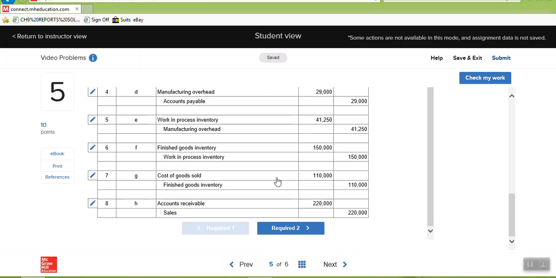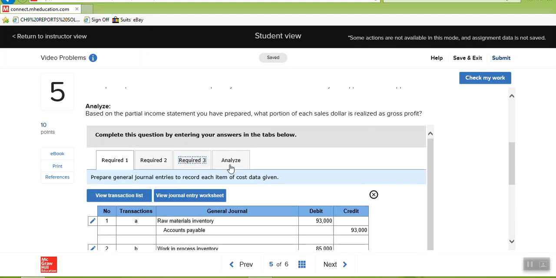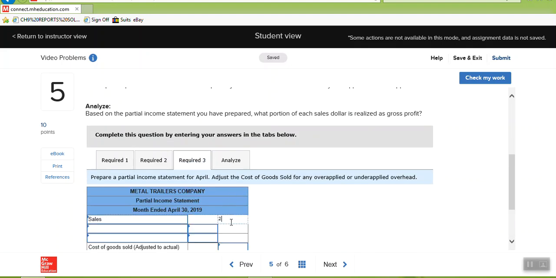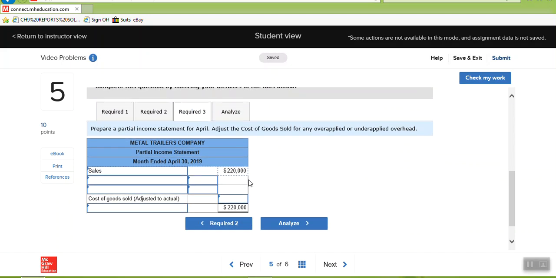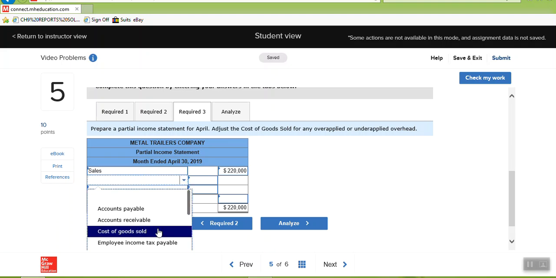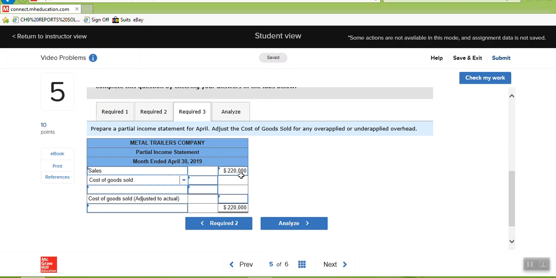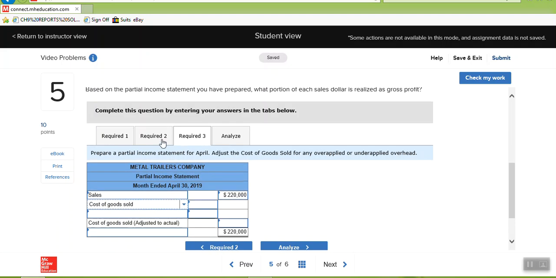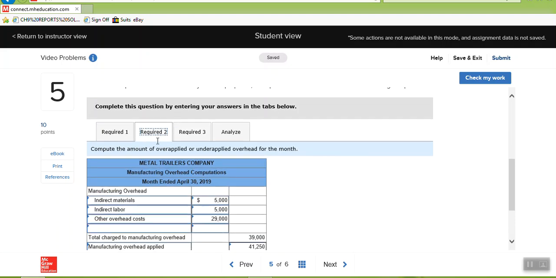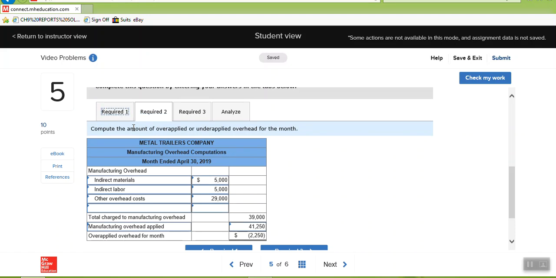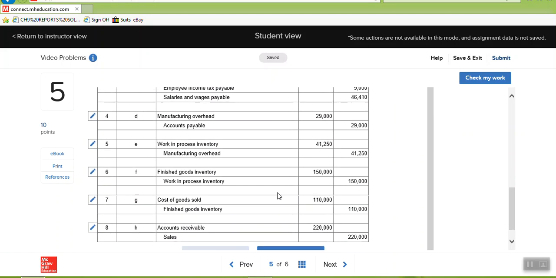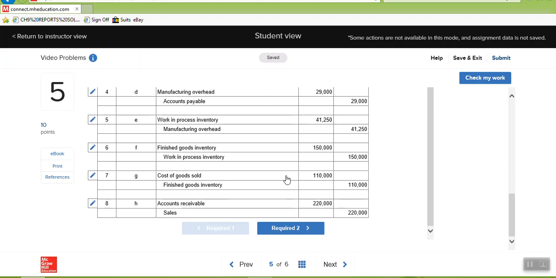Sales, $220,000. Usually we put a little bit more detail, but this one you're just going to subtract out your cost of goods sold. Let's see, where was that? Maybe the second to the last one. Yeah, right here.